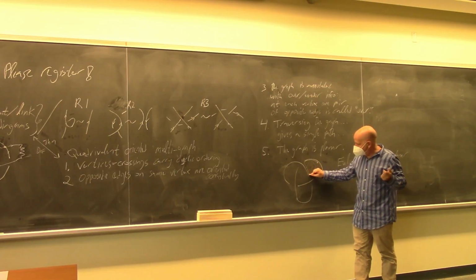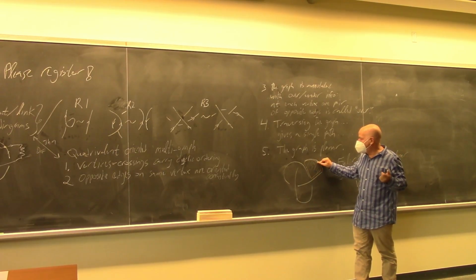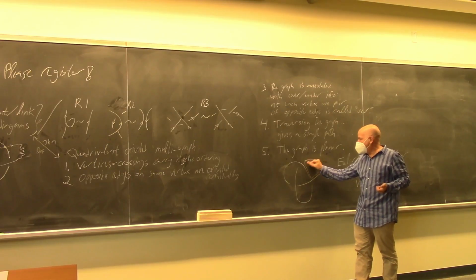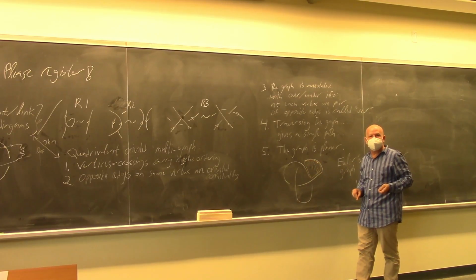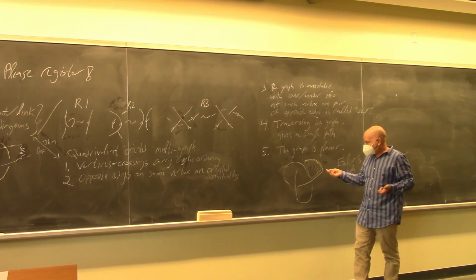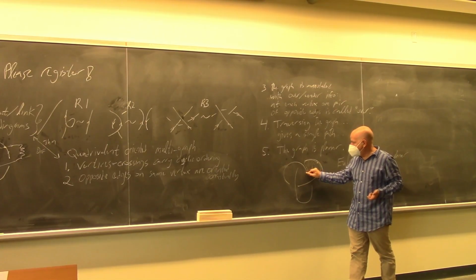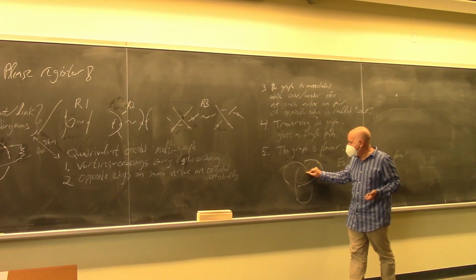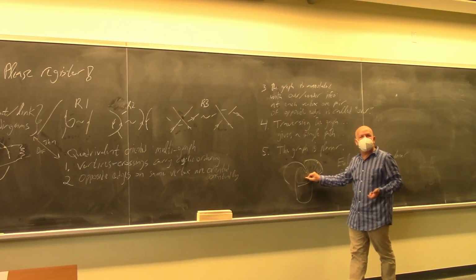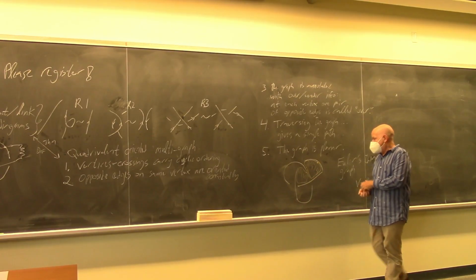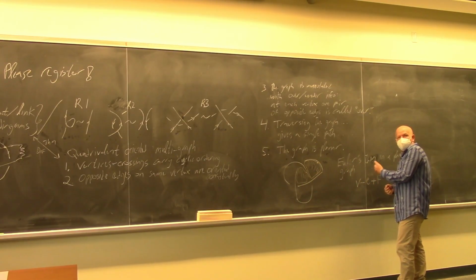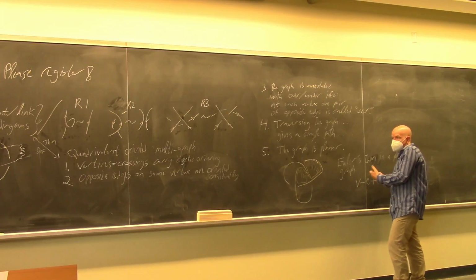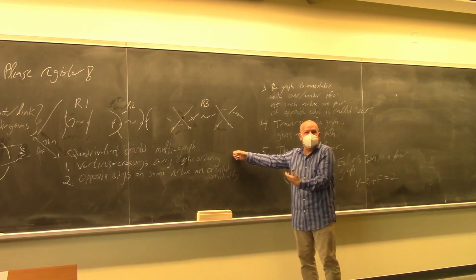So I turn left here, I turn left here. When I come back, I went around one face. Then I start here, and again I turn left everywhere, and that defines the other face. So basically, the faces are defined from the structure we already have.